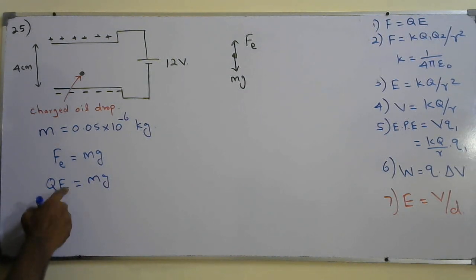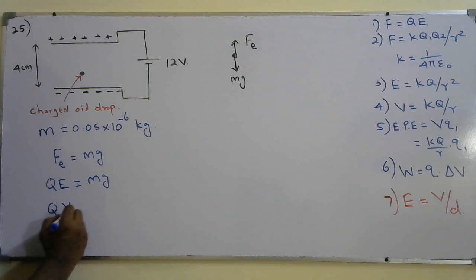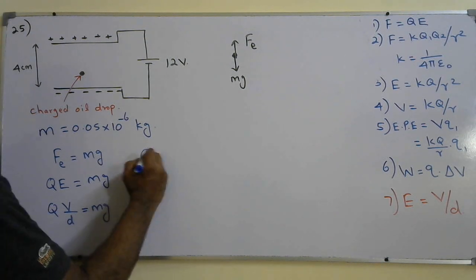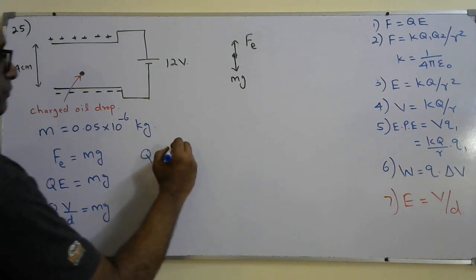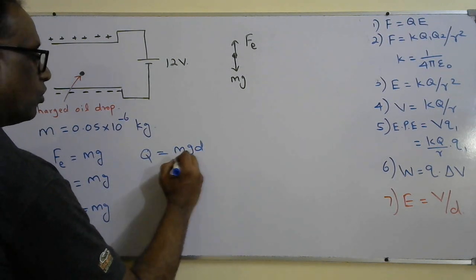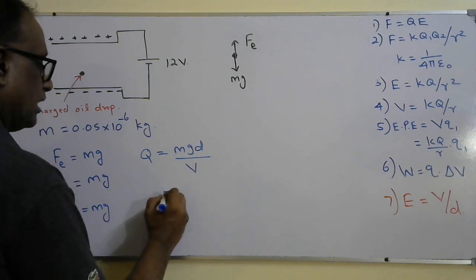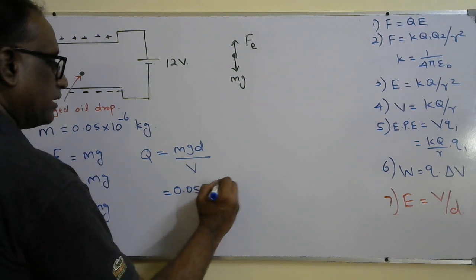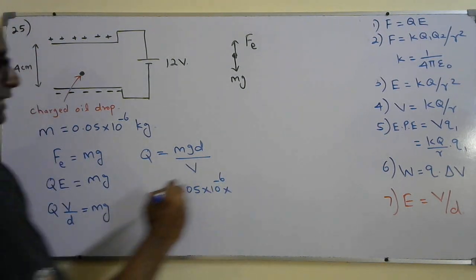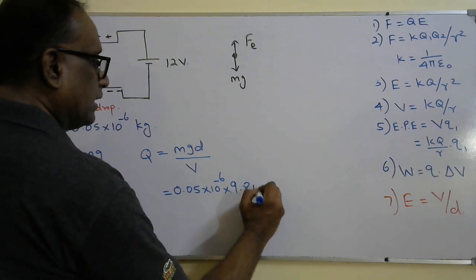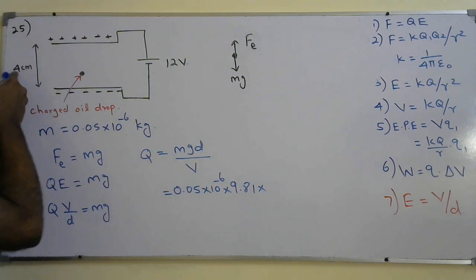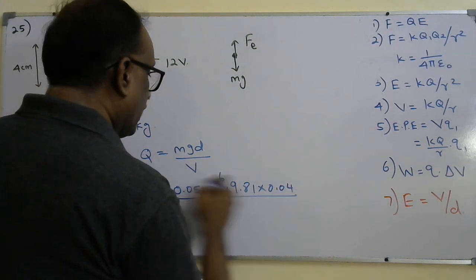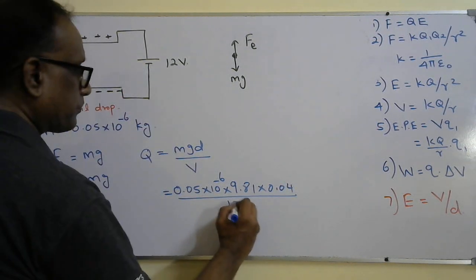We know that E equals V over d, so QV over d is equal to mg. We need to find Q, so Q is equal to mgd over V. Substitute: mass 0.05 times 10 to the power minus 6 kilograms, g is 9.81, d is the distance between the parallel plates, 4 centimeters, 0.04, over the potential difference, 12.